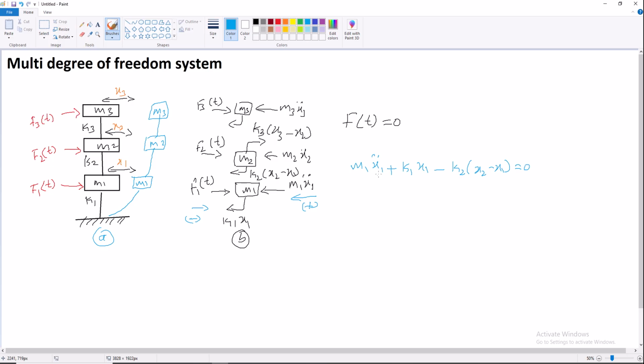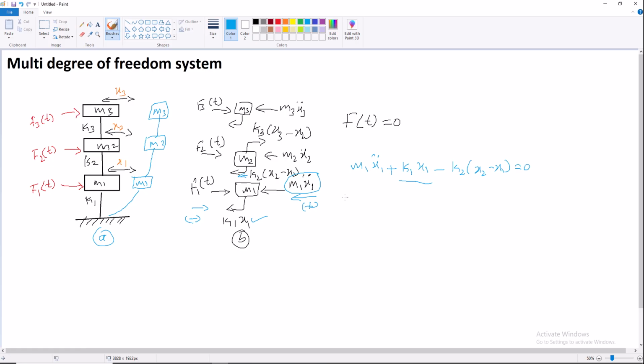So m1 x1 double dot is this part which I have written, k1 x1 is this one, and k2 times (x2 minus x1) is this one. Again this is acting in this direction, and f1 of t is referred to as 0 since it is free vibration.